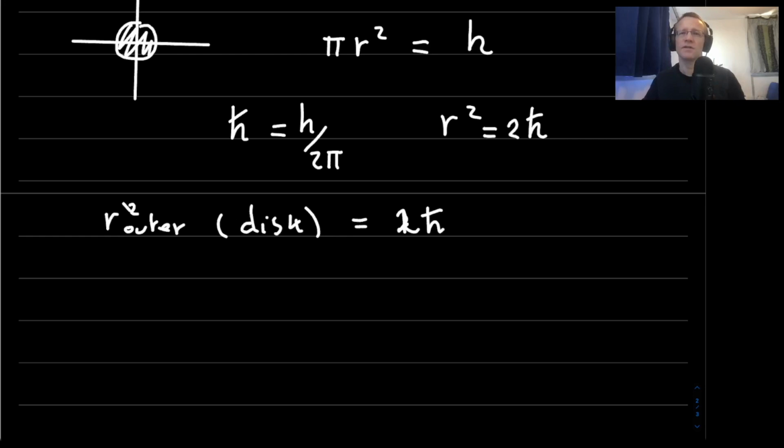Now, what is the energy of the state corresponding to this disk? Well, there are two corrections. First of all, the energy is equal to the radius squared divided by 2. So naively, this would be h bar. However, the average energy is actually somewhere in the middle of the energy range between 0 and h bar.